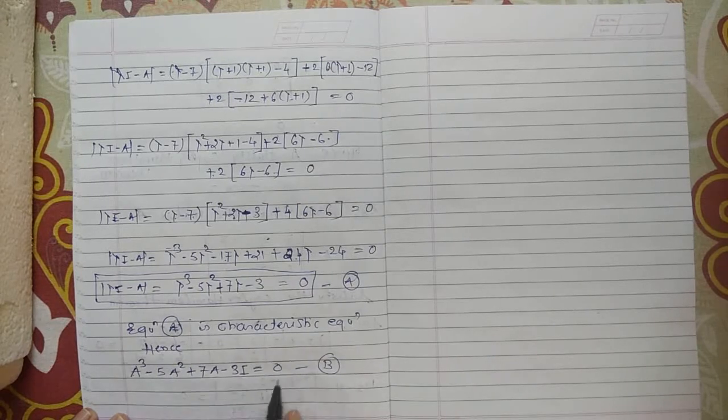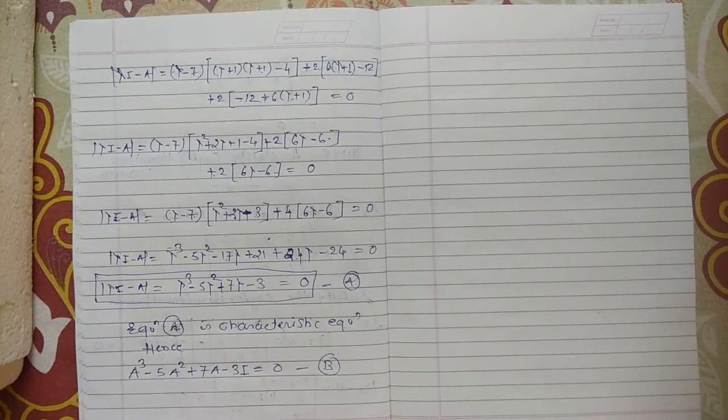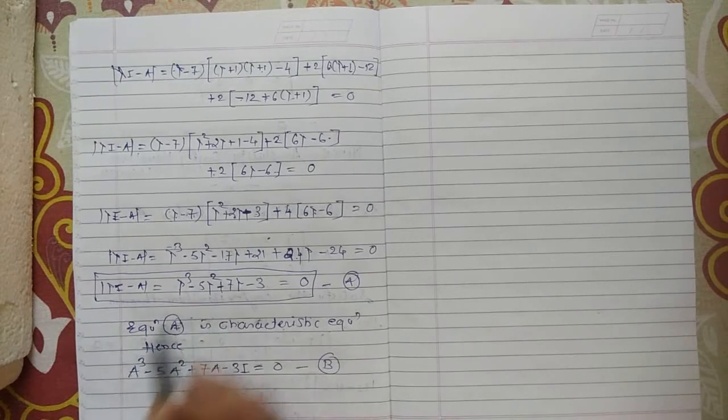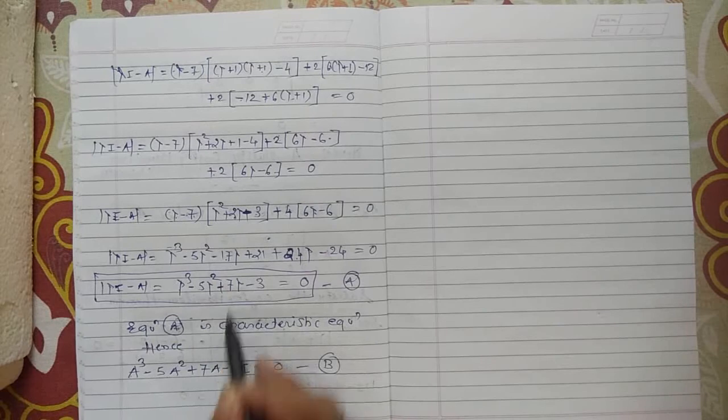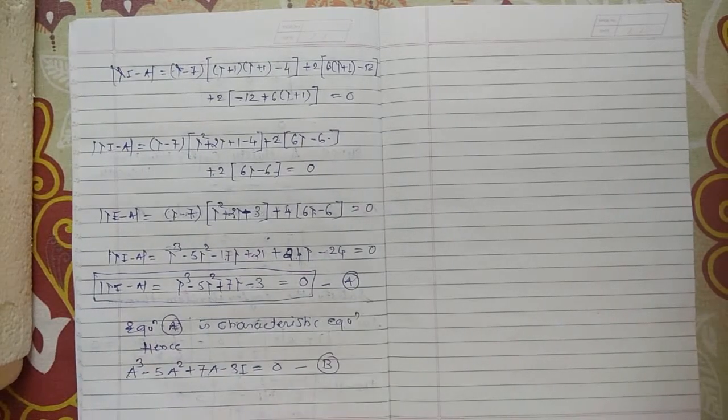So this is my Cayley Hamilton theorem: we replace lambda by A, and convert the constant into matrix form by multiplying it by the identity matrix.